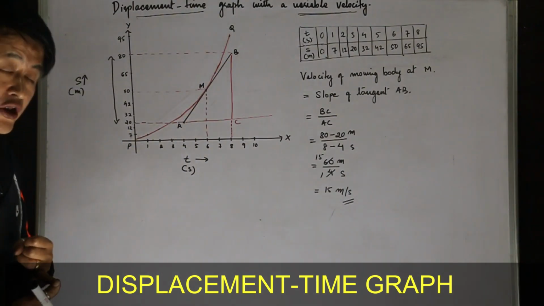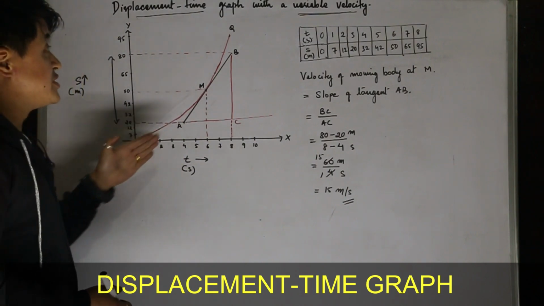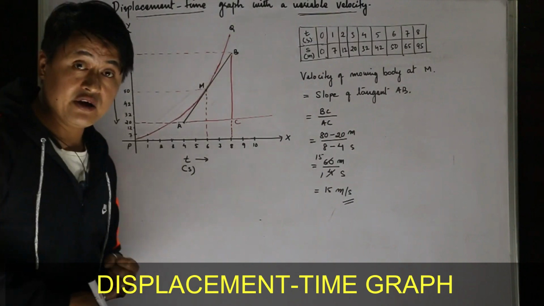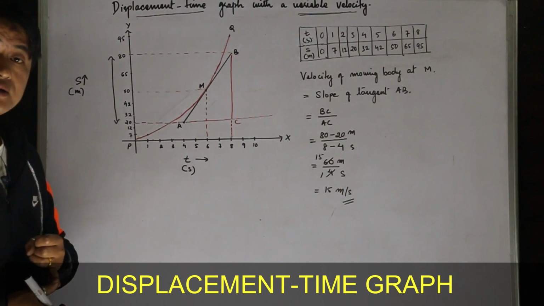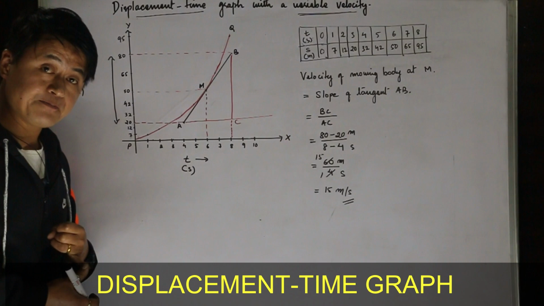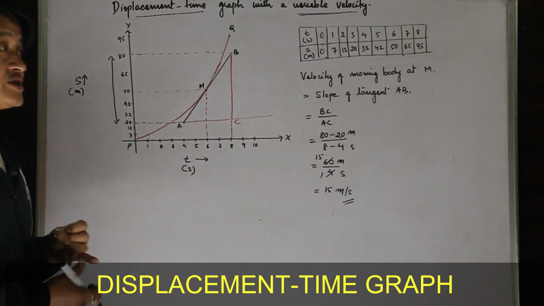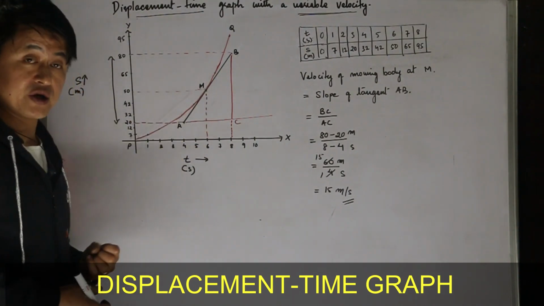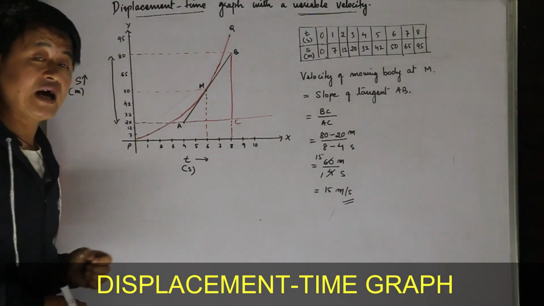We have also learned to find the velocity of a body when it is moving with a uniform velocity or with a variable velocity. To find the slope of the line when the body is moving with a uniform velocity, we have to take any 2 points, and when the body is moving with a variable velocity, we have to take 1 point on the curve and draw a tangent on that curve.